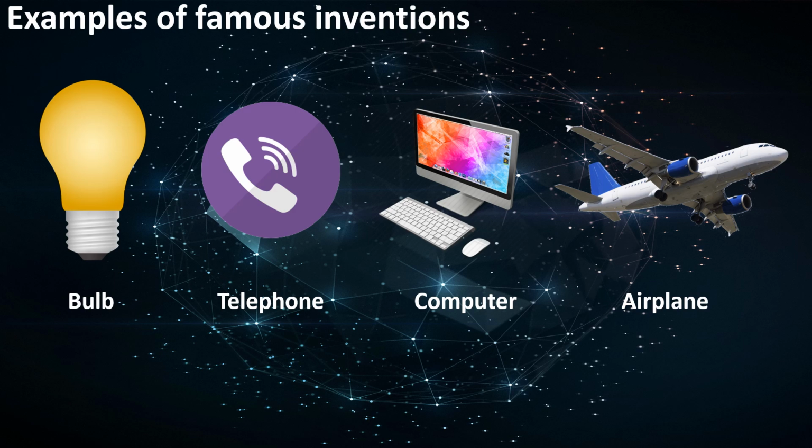So let's see some examples of famous inventions. This will give you an idea what kind of inventions are patentable. The first is the light bulb. The light bulb is one of the earliest inventions, and this was invented by Thomas Edison and also patented by Thomas Edison. We all know that.